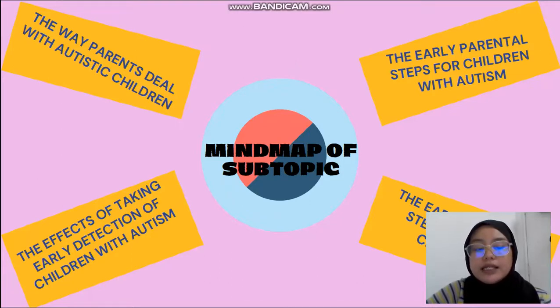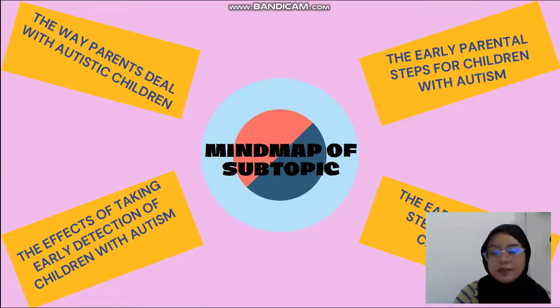The second is the effects of taking early detection of children with autism. The third is the early parental steps for children with autism. And the last but not least, the early detection steps to know about children with autism.